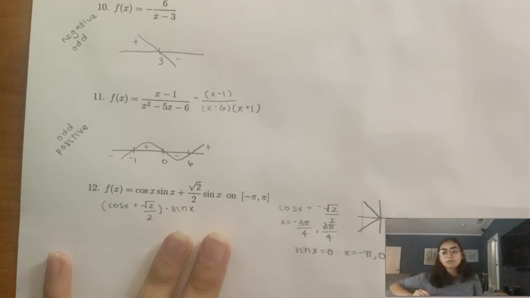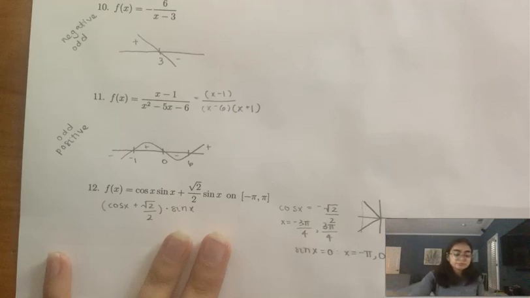When we pulled out the sine from both parts of our sum and then grouped the rest of our parts together, we got cosine x plus square root of 2 over 2. So if we subtract square root of 2 over 2 from both sides of our equation, we get cosine x equal to negative square root of 2 over 2.